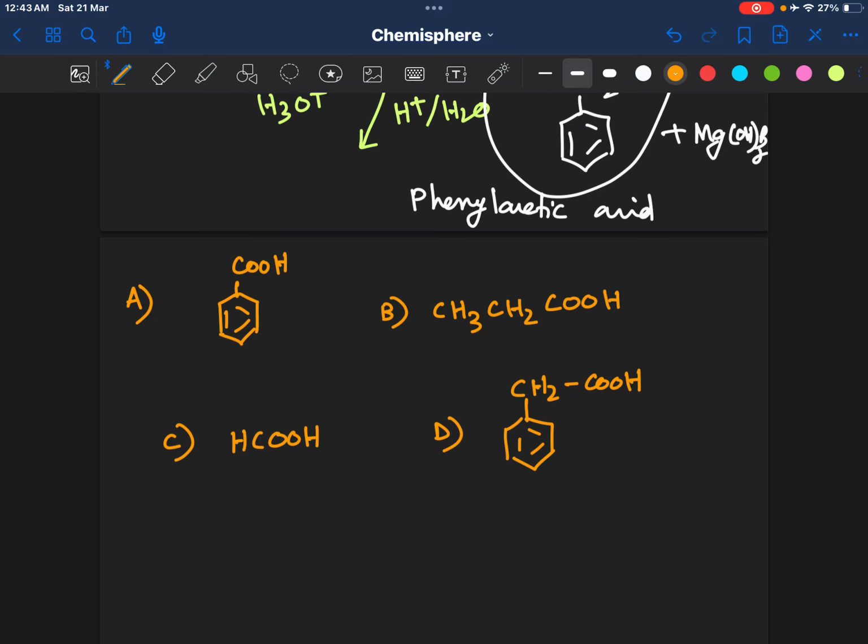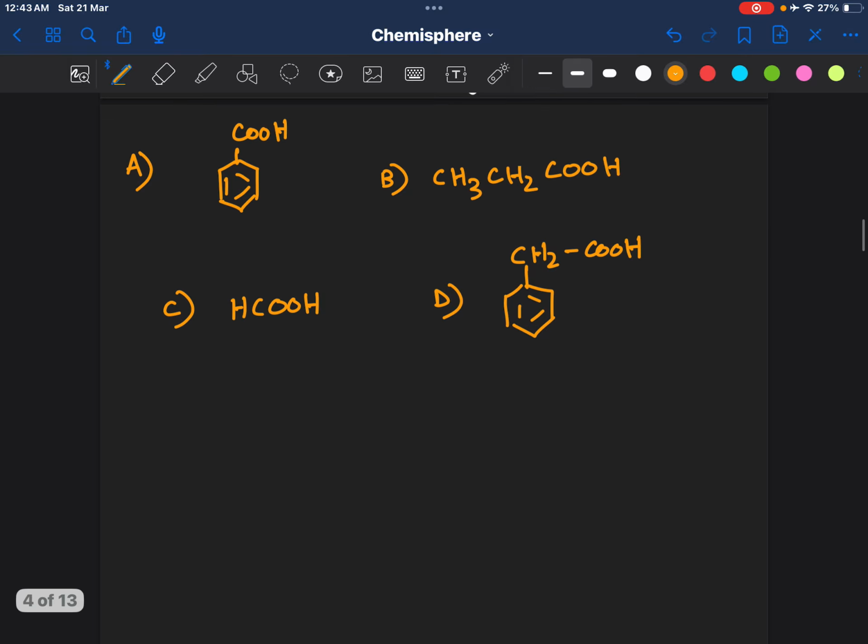Before we do that, we need to talk about how to decide which one is more acidic, which one is going to be less acidic. So always remember, carboxylic acids are one of the strongest, highly acidic organic compounds.